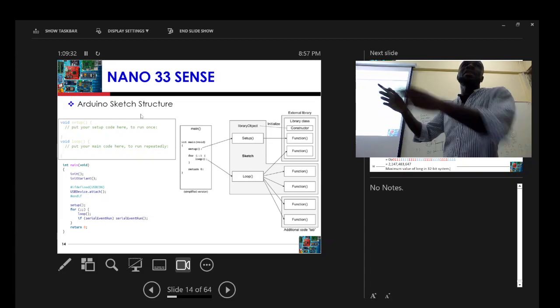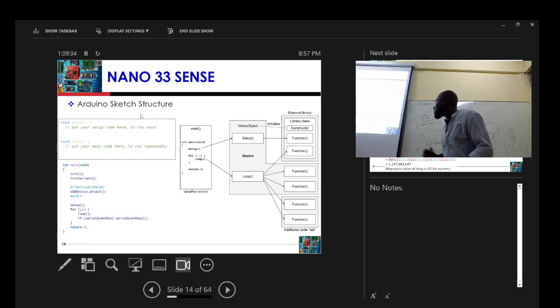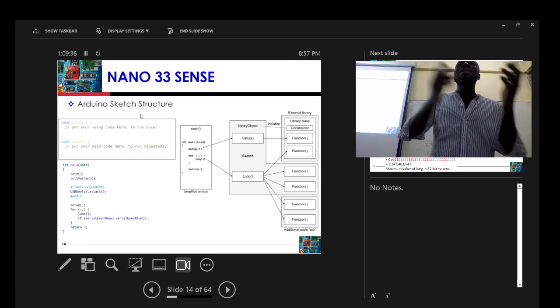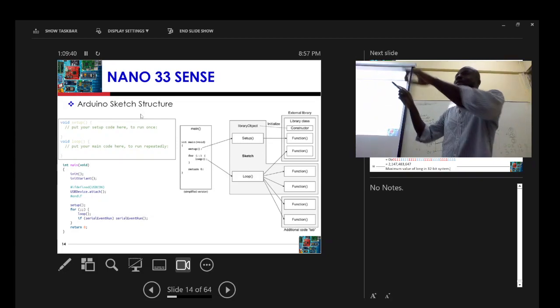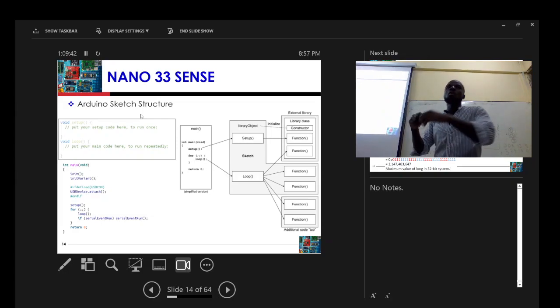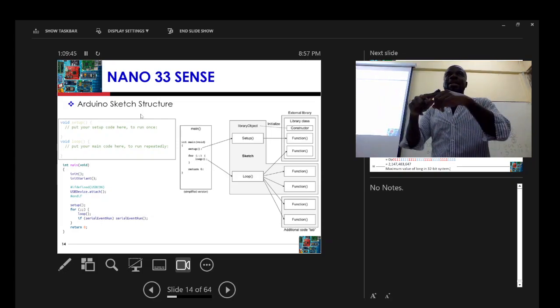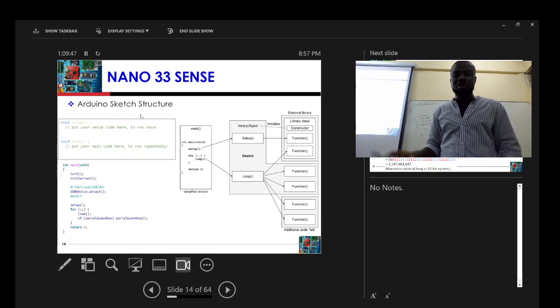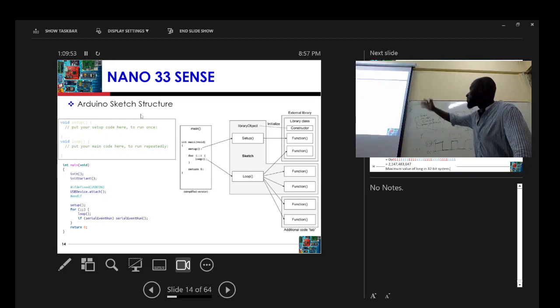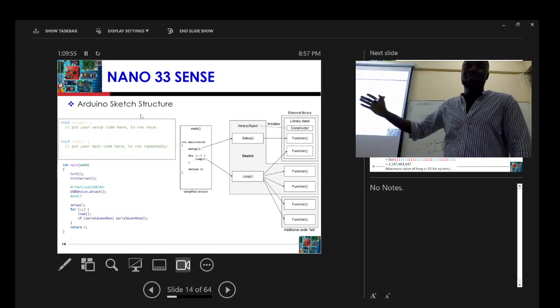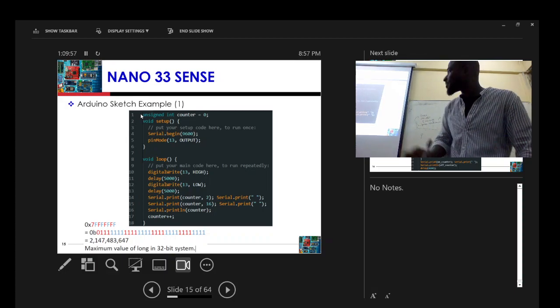So you can define the functions within the loop, or you can define a function outside the loop and even outside a sketch. You can write one sketch, and then you can call that sketch within another sketch of yours. You guys know how that works, right? In C programming and stuff like that. So this is how it works. We have the setup and then we have the loop. It's as basic as that.